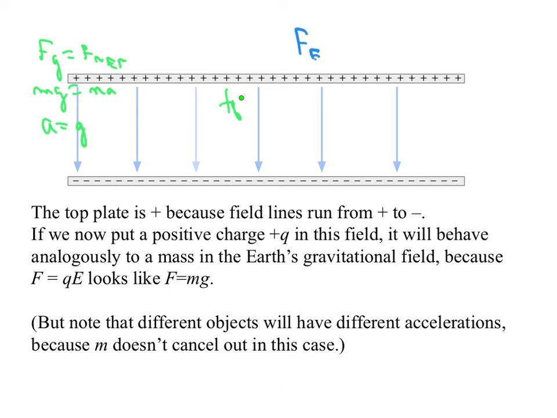But for electricity, we have Fe equals F net, or QE equals ma, or a is QE over m, and that is not the same for different masses, but rather depends on this ratio, the charge to mass ratio. And so, although it's similar to gravity, it's not the same kind of thing.